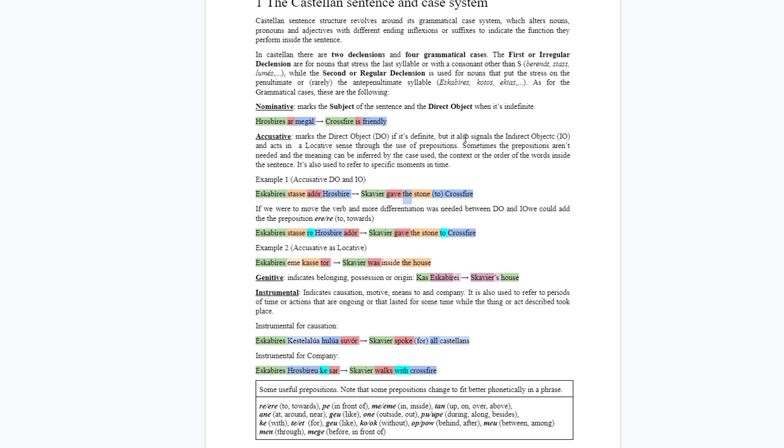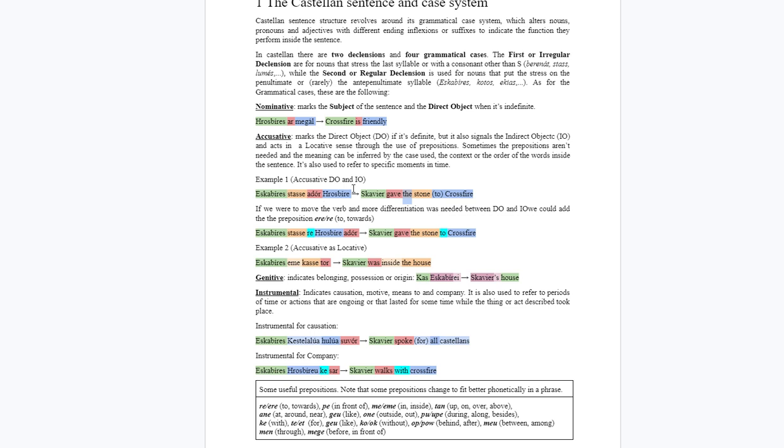When the word is indefinite, it means it's not the stone or a very specific stone. It's just some random stone, a stone, not the stone. We will use the nominative. That means that, for example, if we wanted to say Scavier gave a stone to Crossfire, we would say Escavires stas ador hrosvire.